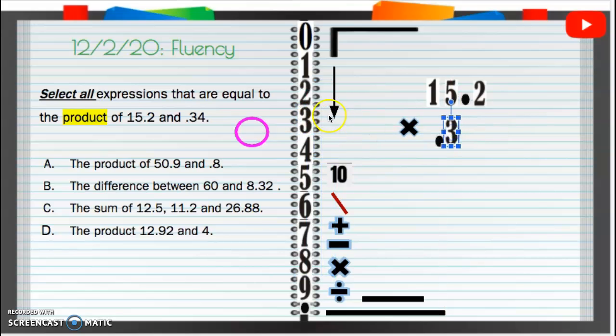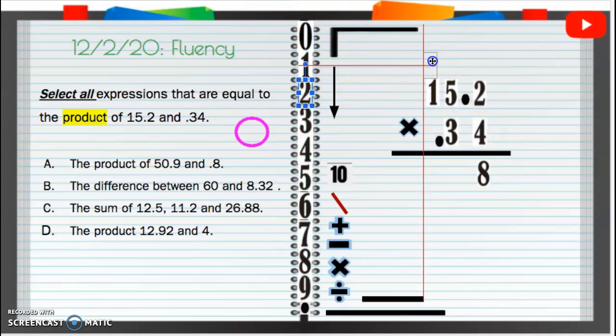All right, now I am going to multiply. 4 times 2 is 8. 4 times 5 is 20. I'm going to carry that 2, drop that 0. 4 times 1 is 4, plus 2 is 6.